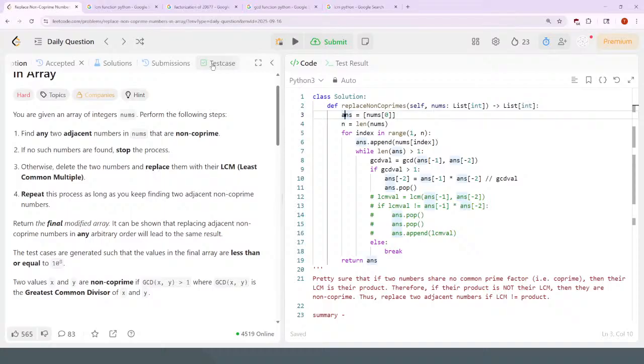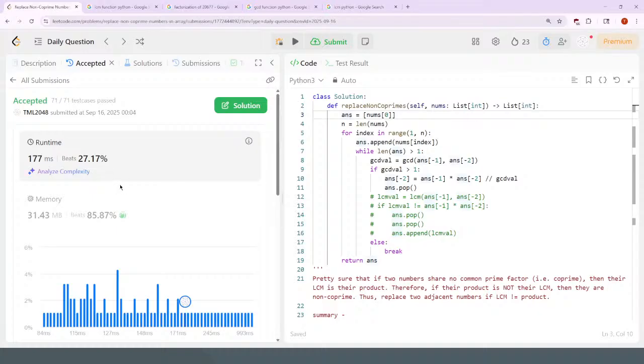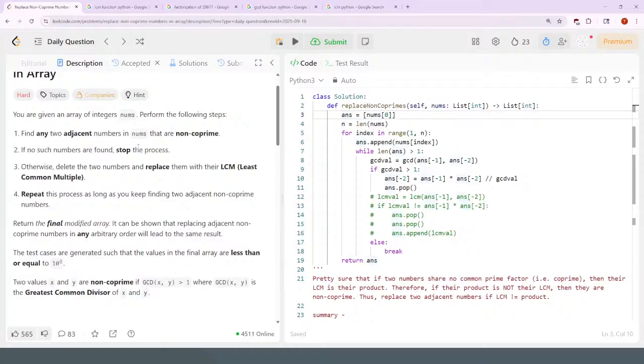Oh gosh. Is there another way? Is there? It's a stack. Combine things on the stack.